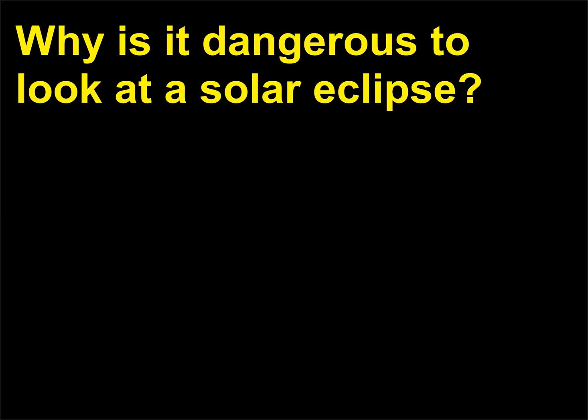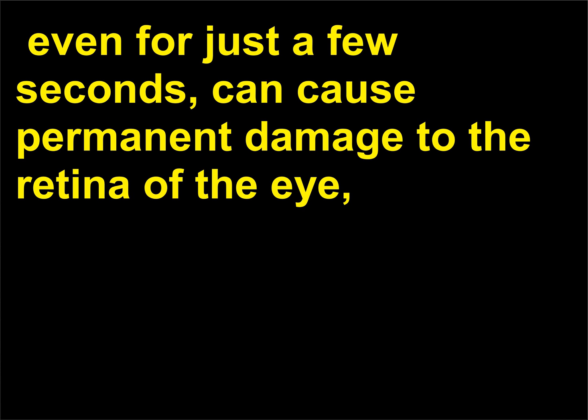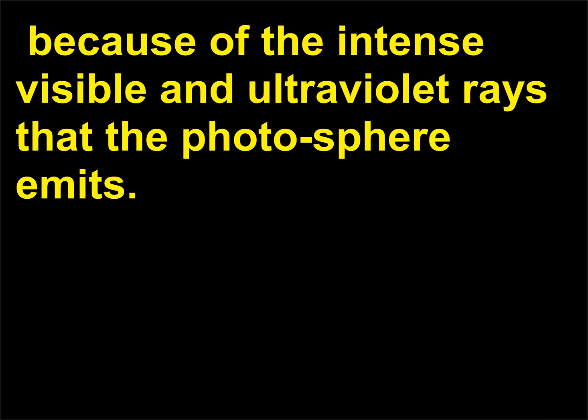Why is it dangerous to look at a solar eclipse? Looking directly at the photosphere of the Sun, the bright disk of the Sun itself, even for just a few seconds, can cause permanent damage to the retina of the eye, because of the intense visible and ultraviolet rays that the photosphere emits.